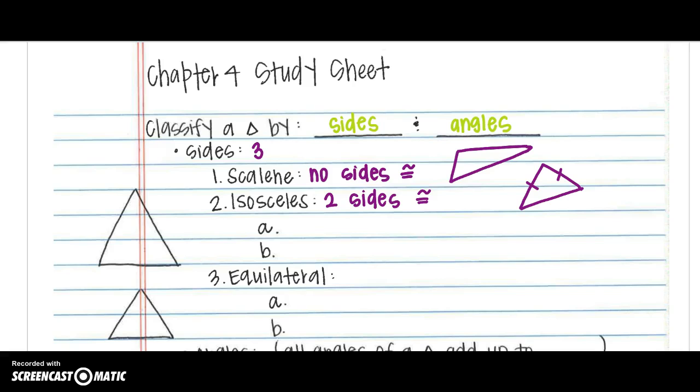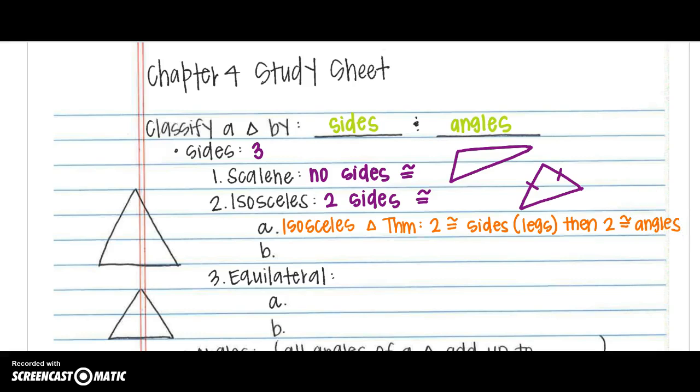Now, when we talked about isosceles and equilateral triangles, we learned 2 things about isosceles triangle. The first one was called the isosceles triangle theorem. And remember that isosceles triangle theorem said if I have 2 congruent sides, which I call the legs, remember, then I have 2 congruent angles.